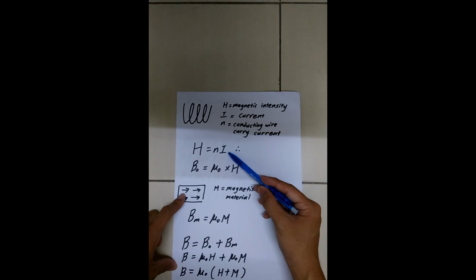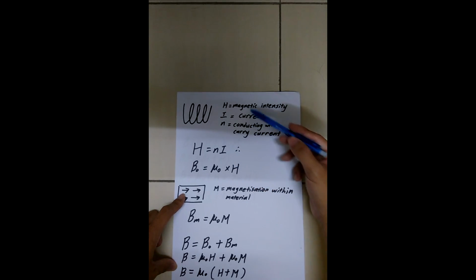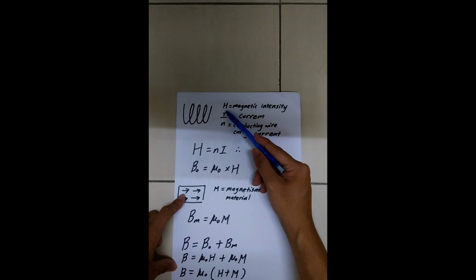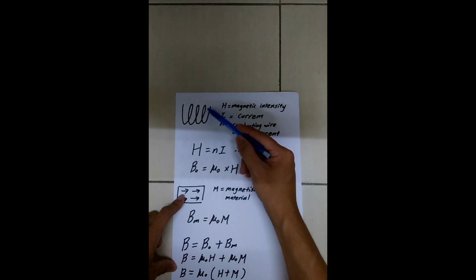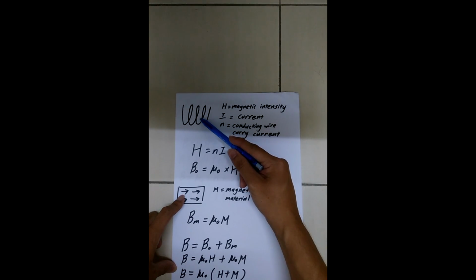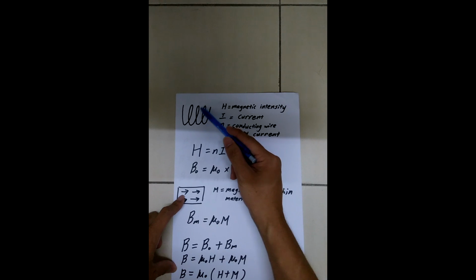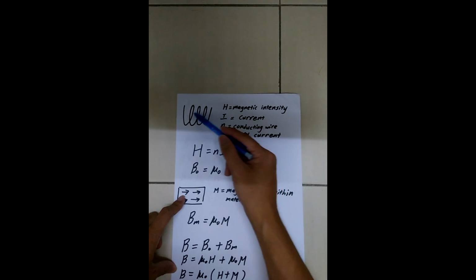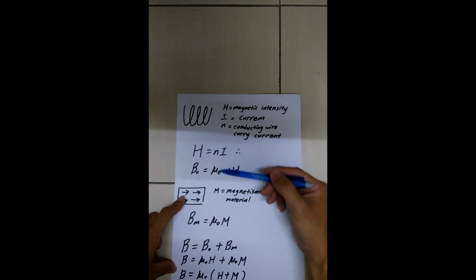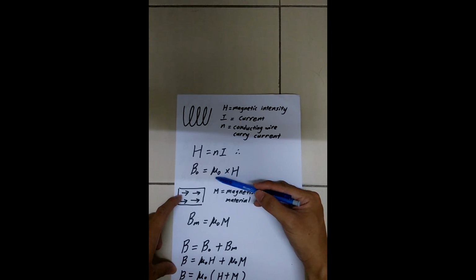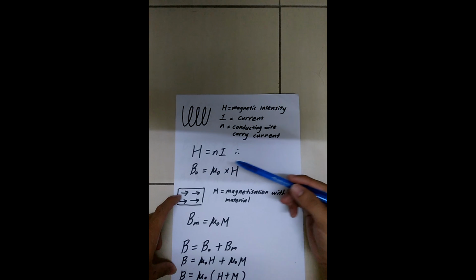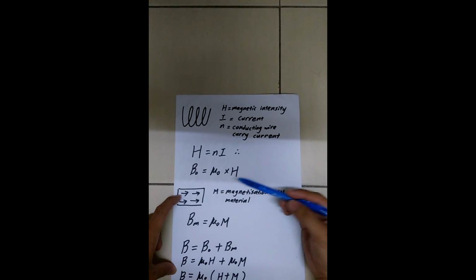This magnetic intensity is formed in the wires and around the wires. When the magnetizing field is crossing through the air, it will be reduced by mu naught, the permeability of free space. Therefore, we have B naught equal to mu naught times H.